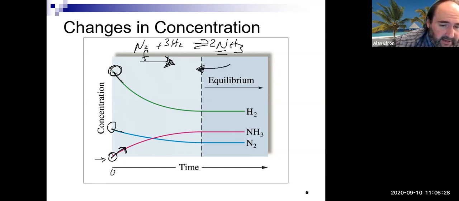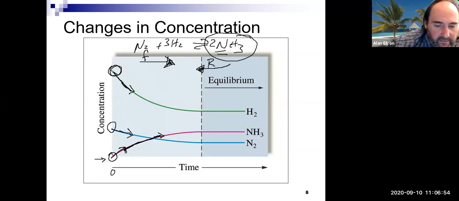So at the start, we have the forward direction happening. As we make enough of the products, we get the reverse reaction to kick off. And what we see in this picture is a continual increase in the amount of products being made and a continual decrease in the amount of reactants being used.